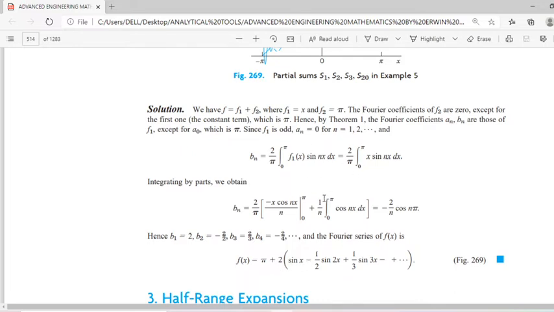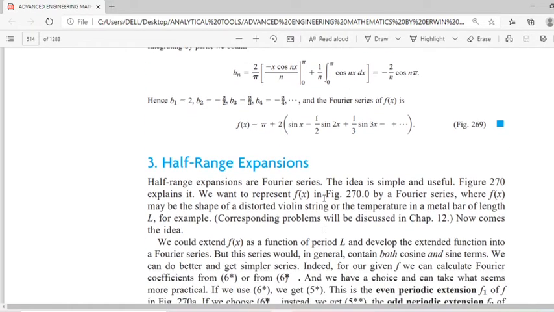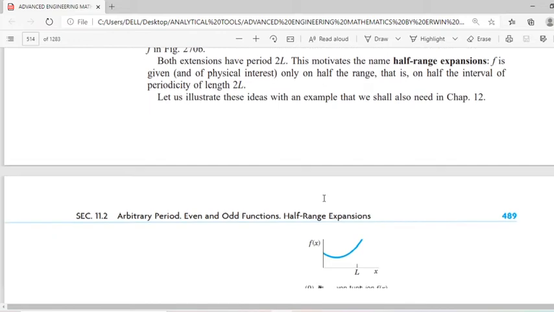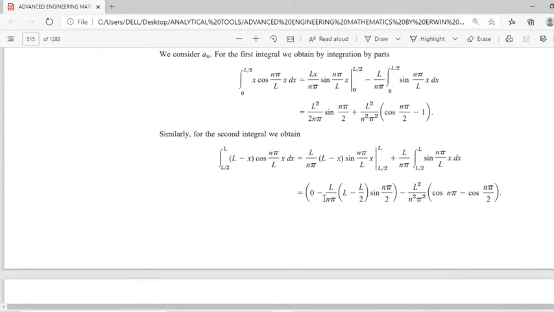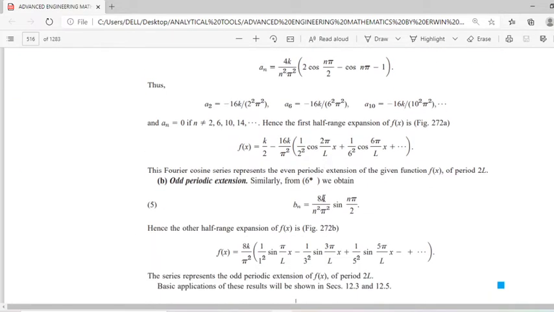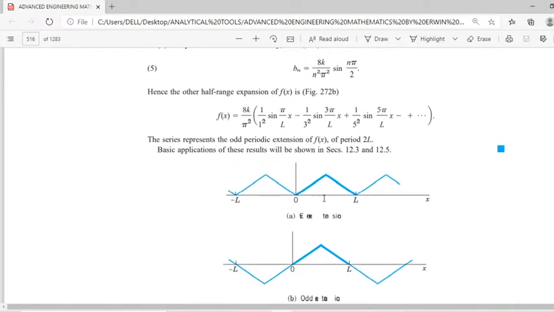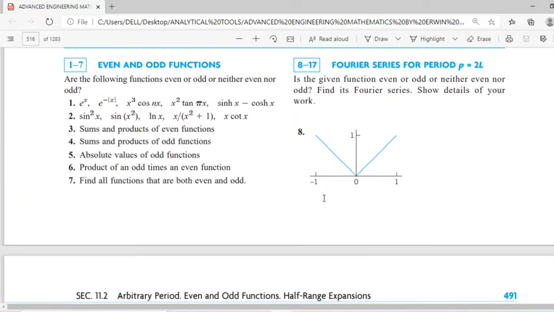So we have used the technique for the odd function and even function here. I think that example is over. These are examples, you can refer to these examples also. Moreover, you will have some examples in the exercise section.